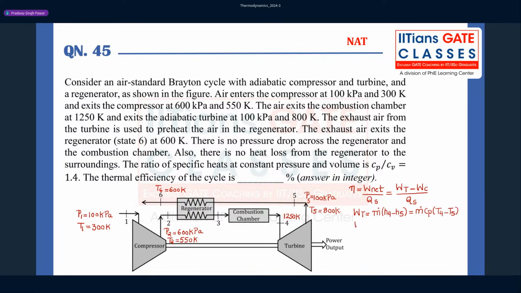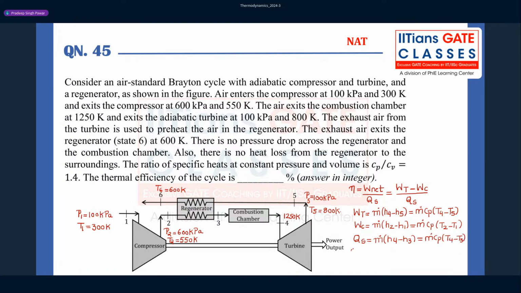To calculate WC, again apply the steady flow energy equation: m dot (H2 minus H1), which is m dot Cp (T2 minus T1). What is the heat supplied? Heat is supplied in the combustion chamber: m dot (H4 minus H3), which is m dot Cp (T4 minus T3).